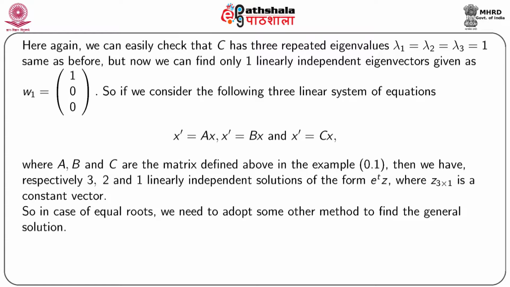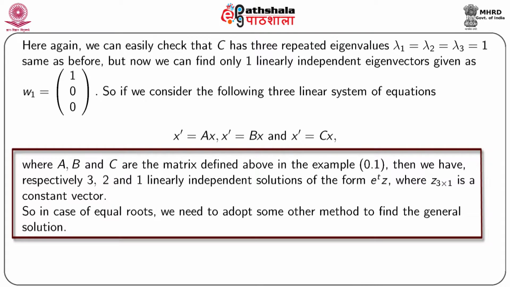So, if we consider the following three linear systems of equations, x dash equal to Ax, x dash equal to Bx and x dash equal to Cx, where x dash is dx/dt and A, B, C are the matrices defined above, then we have respectively 3, 2 and 1 linearly independent solutions of the form e to the power t into z, where z is a constant vector.